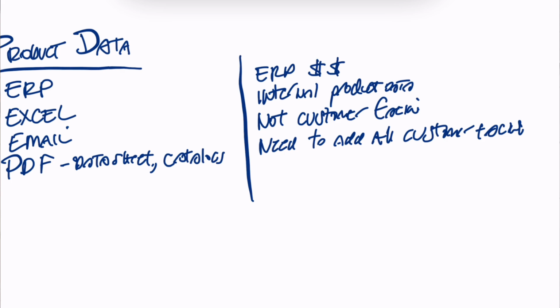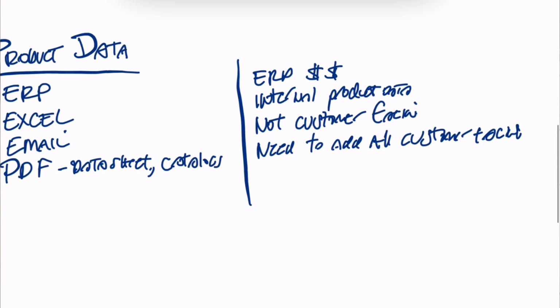So if product information is typically built externally for your customers or your channel partners, and especially if it's used for a website, then it needs to be in their language, right? So you have to add new descriptions, you have to add all the attributes, you have to add all the images and all the attachments, and to do that in the ERP is just very expensive.